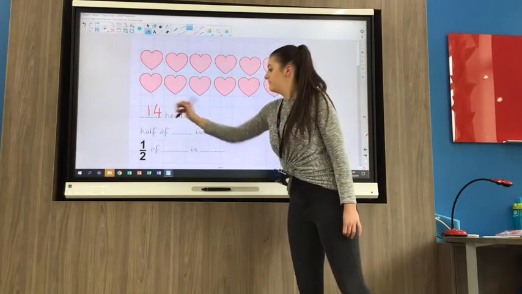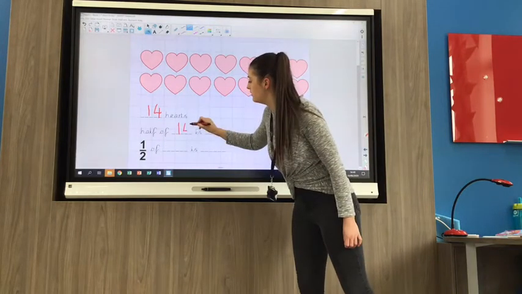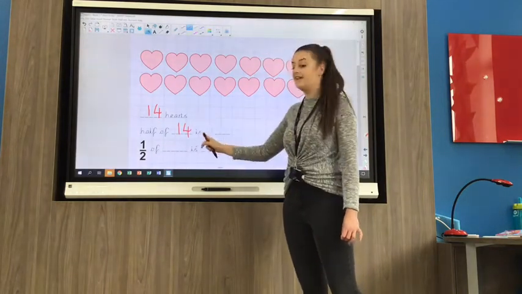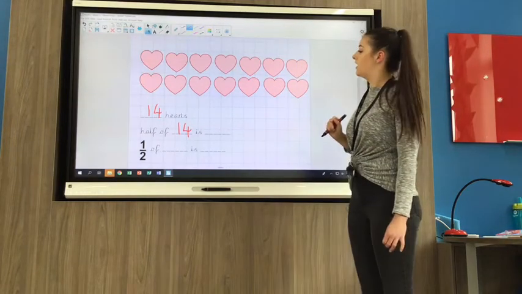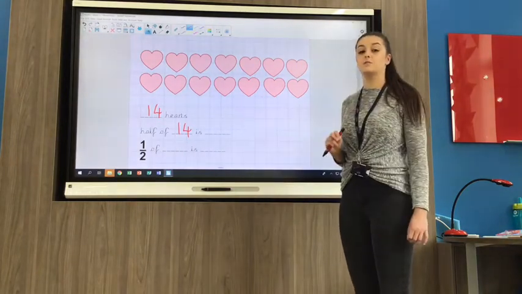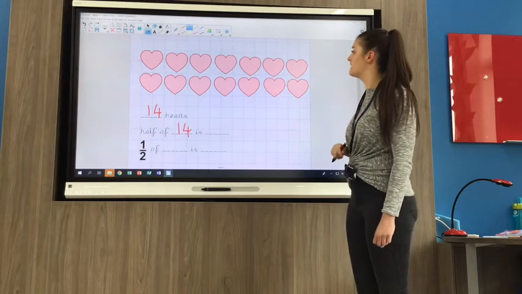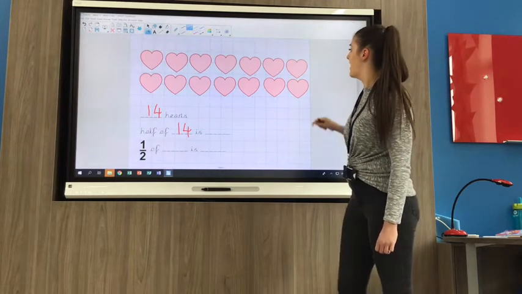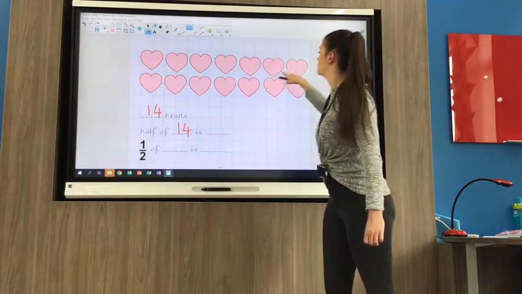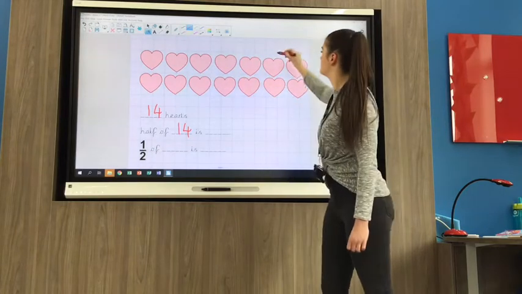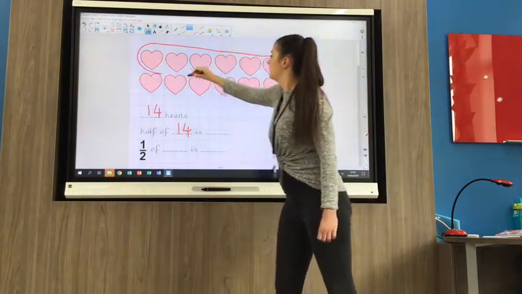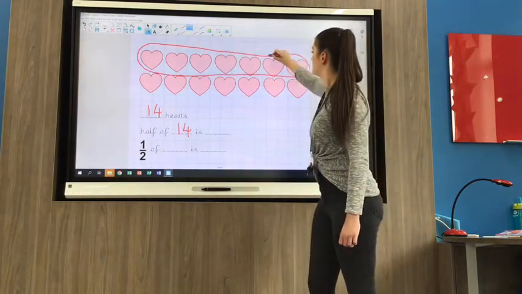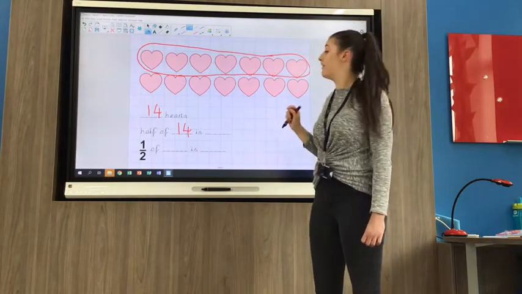Half of 14. We're finding half of a number today. So half of 14 is, well, if I look at these hearts, I know I need to split them into two groups to find out what half the number is. I can see I've got one group at the top and one group at the bottom. So I'm just going to circle my first group. That should show me half of 14.